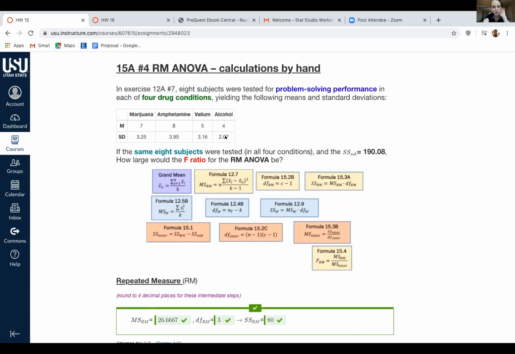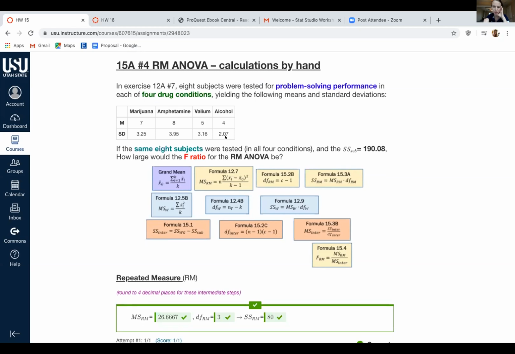If you read the top of the question, we have 8 subjects, but they each did each of the 4 drugs, so we have 8 times 4 scores, because we have 4 scores for each person. So NT is not the total people, but the total number of scores. Okay, that makes sense.